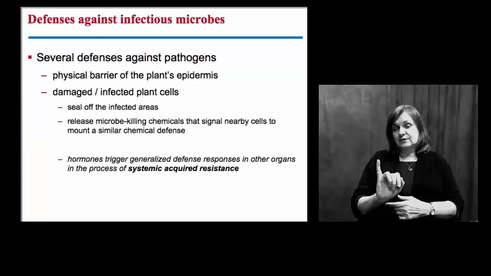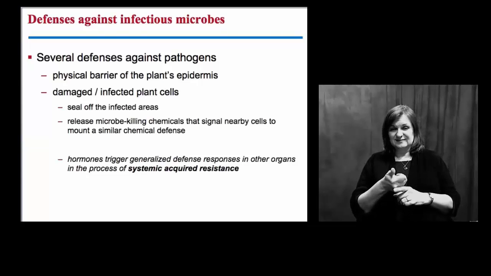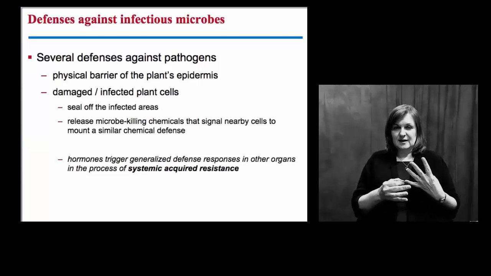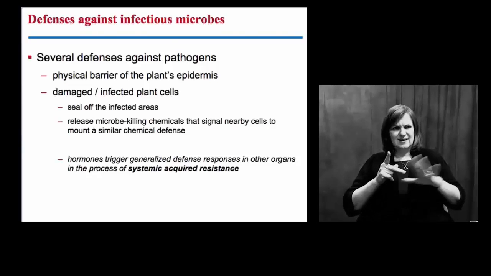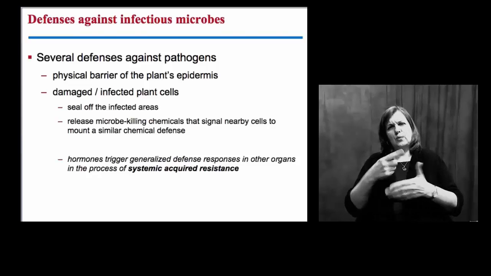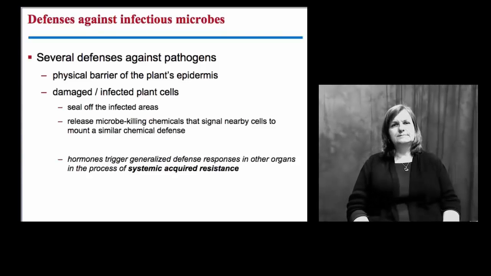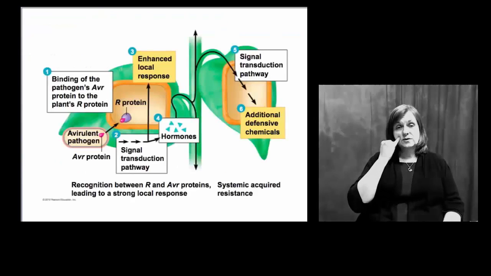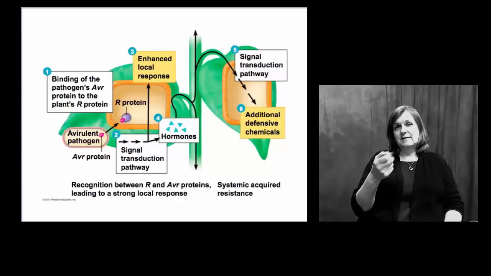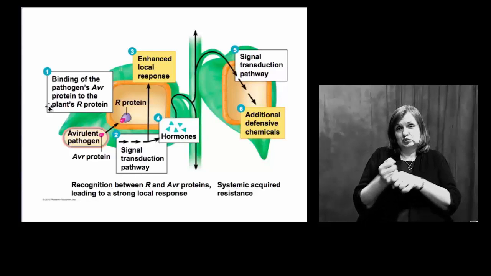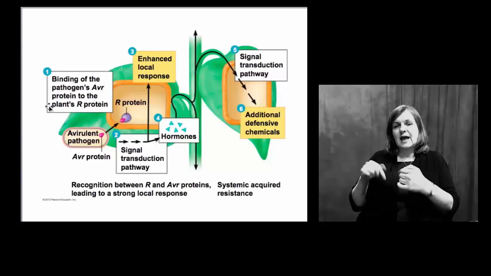The plant is going to be fairly limited in what it can do other than tell the rest of itself that it's infected. So let me show you what I mean. So say that a plant gets infected with a particular pathogen, okay? That pathogen produces a protein as it's living off of the plant.